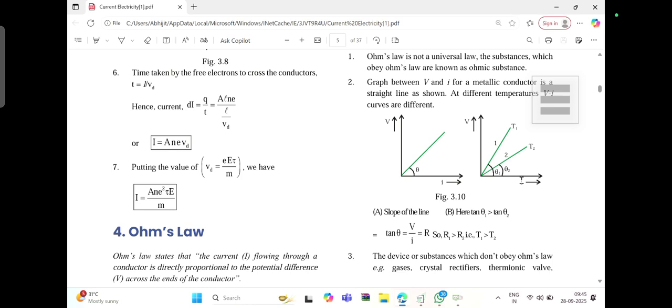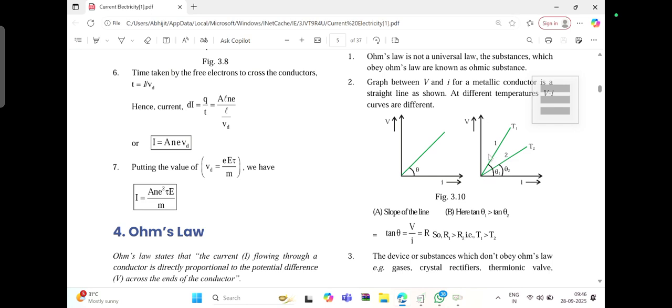Actually we put the values of I on the x axis and the values of V on the y axis. V is equal to IR, y is equal to mx. That is the equation of a straight line, y is equal to mx plus c. That's why y is V and x is I.